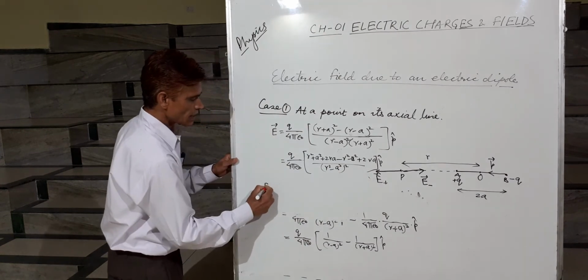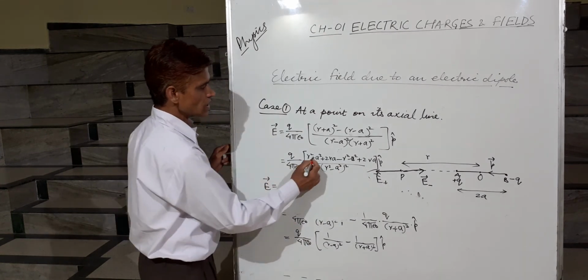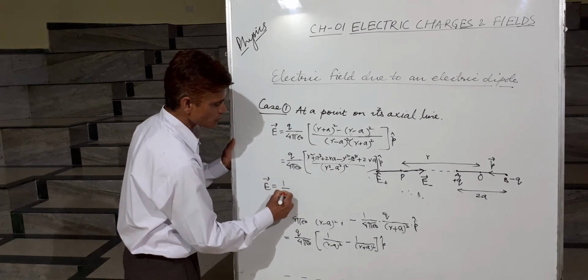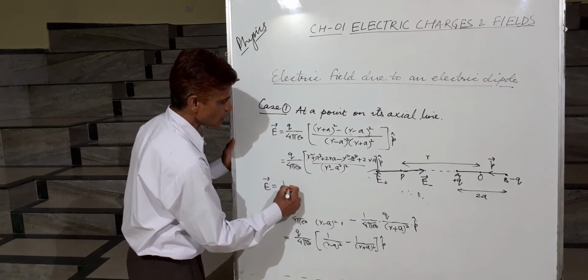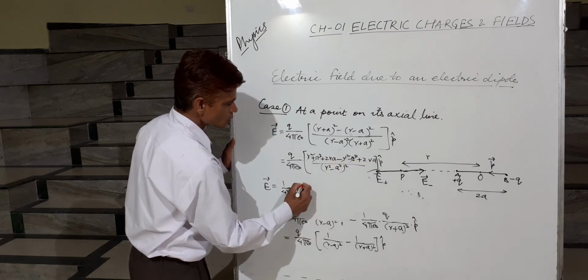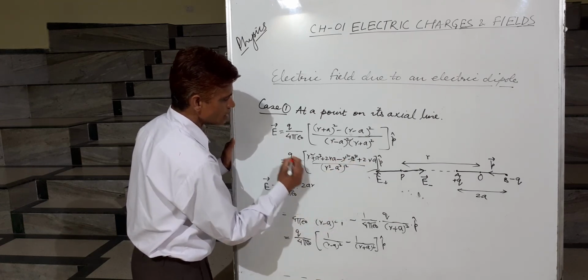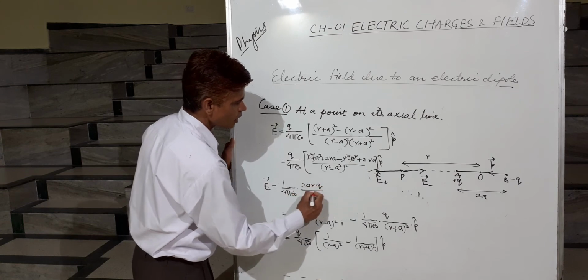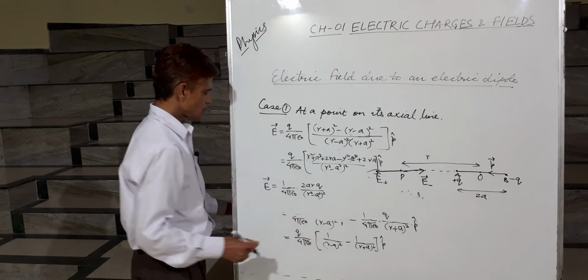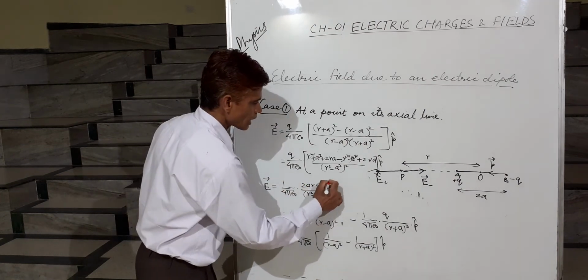Or finally we get vector E is equal to, here r square and a square will cancel, and we get 1 by 4 pi epsilon naught, 2ar plus 2ar gives 4ar, so q upon (r square minus a square) to the power 2 p cap.